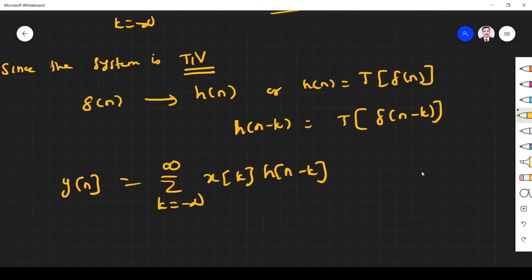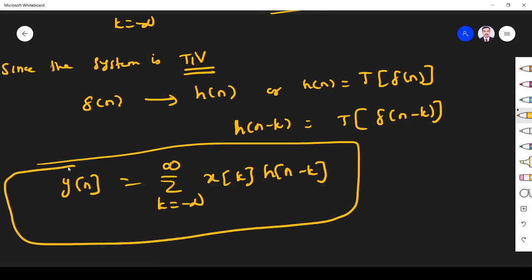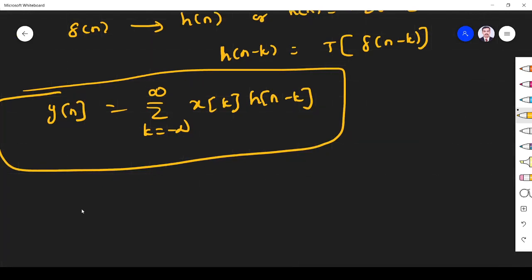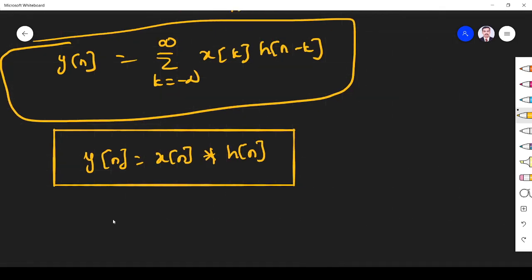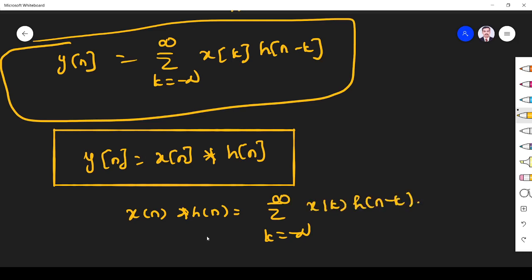Right? So this is the output for any signal. So this you can write as y of n is equal to x of n star h of n, where x of n star h of n is summation k goes to minus infinity to plus infinity x of k h of n minus k.